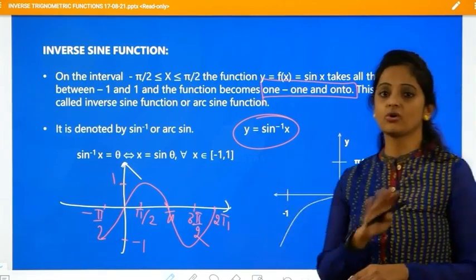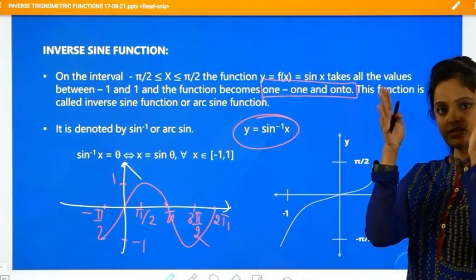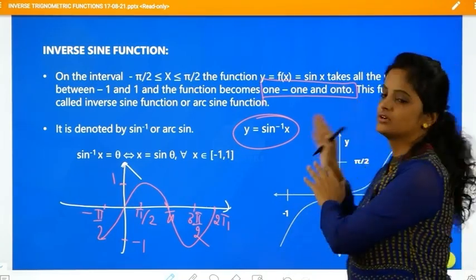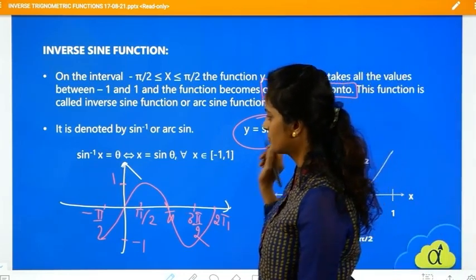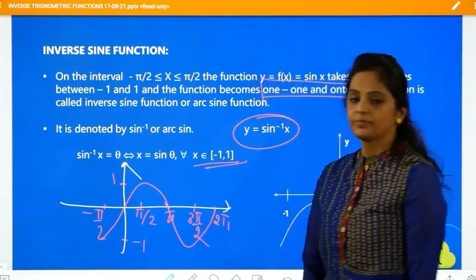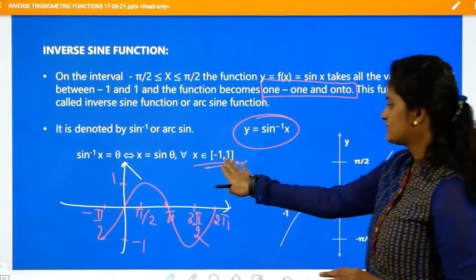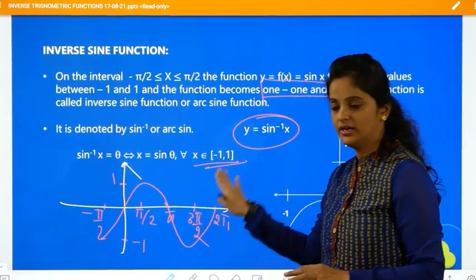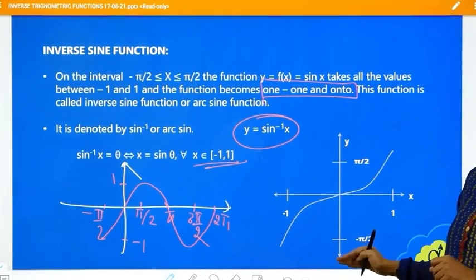Not only sine inverse, for all the trigonometric functions one or the other restriction is there, because only then will I get the inverse. Otherwise, I will not get that. So what is the restriction for this? The x value should lie between -1 and 1. When the x value lies between -1 and 1, then the y value lies between pi by 2 and -pi by 2.